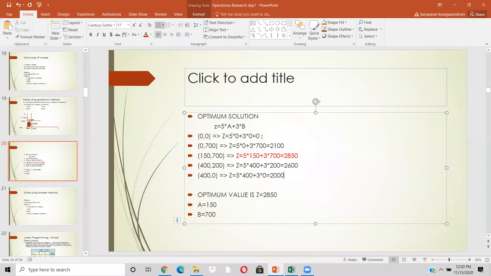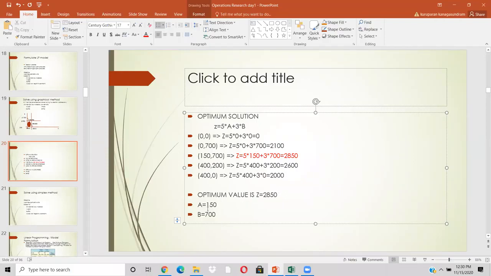Why? The problem is maximization. So I have to choose the maximum value, 2850. Then the optimum profit I can get is 2850.